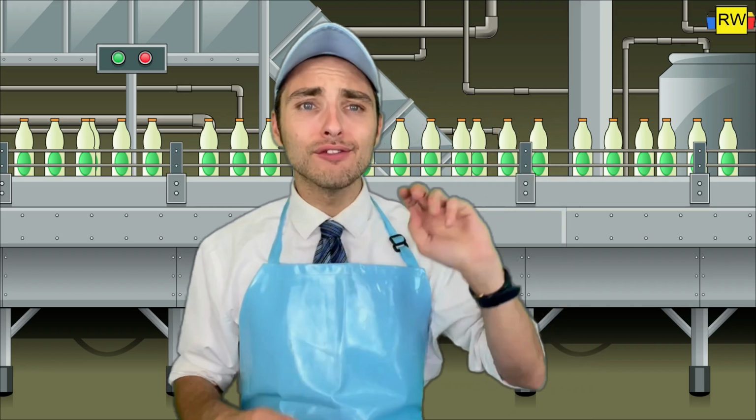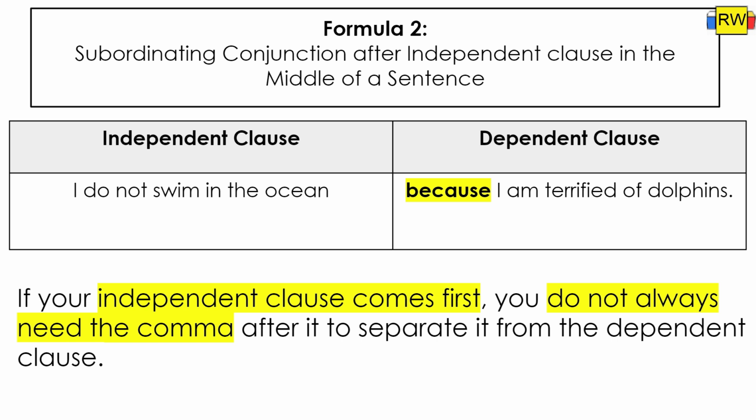Alrighty, for the second formula, you'll see we're just going to take that sentence from Formula 1 and flip it around. So, for this complex sentence, the independent clause is going to go first. Let's look at this. I do not swim in the ocean because I am terrified of dolphins. In this example, you'll notice that it starts with the independent clause, I do not swim in the ocean.